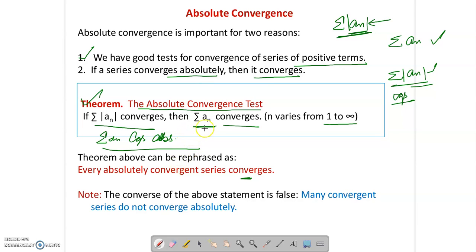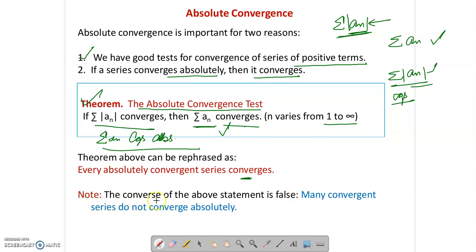However, the converse of this theorem is not true. This is a one-way theorem. If this series converges absolutely, then this series converges. But if this series converges, it may not be the case that it is absolutely convergent. Of course, we did the conditional convergence case. If this series converges, but the series of absolute terms does not converge, we call it conditional convergence.